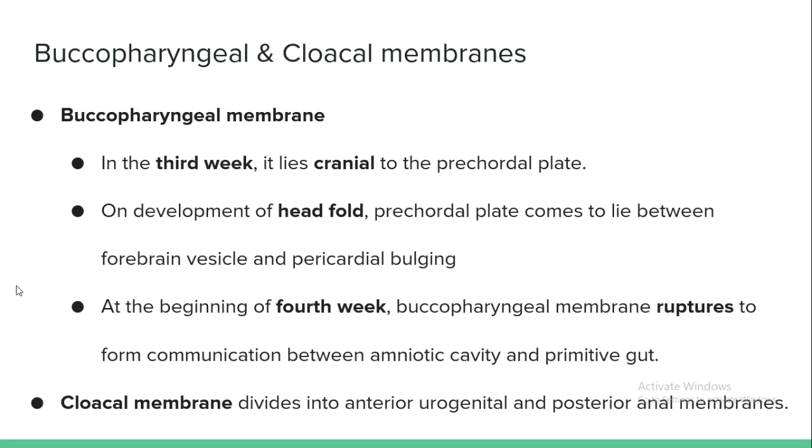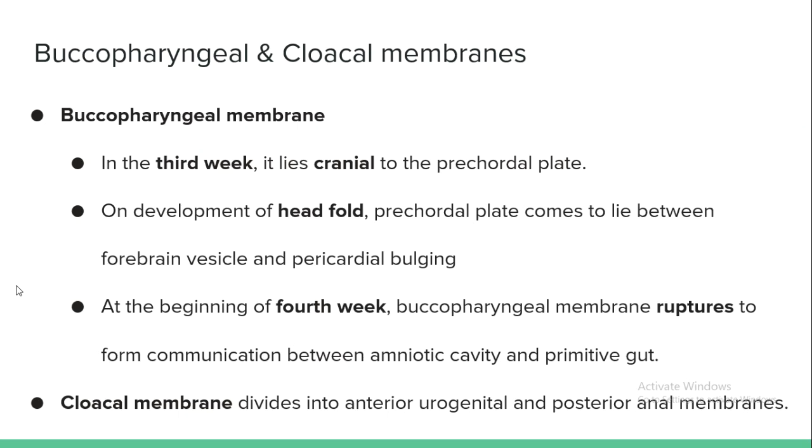Now, the buccopharyngeal and the cloacal membrane. First of all, we shall look at the buccopharyngeal membrane. In the third week, it lies cranial to the prechordal plate. On development of the head fold, the prechordal plate comes to lie between the forebrain vesicle and the pericardial bulging.